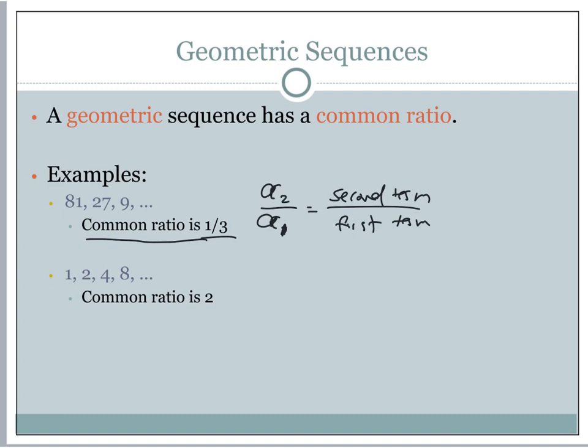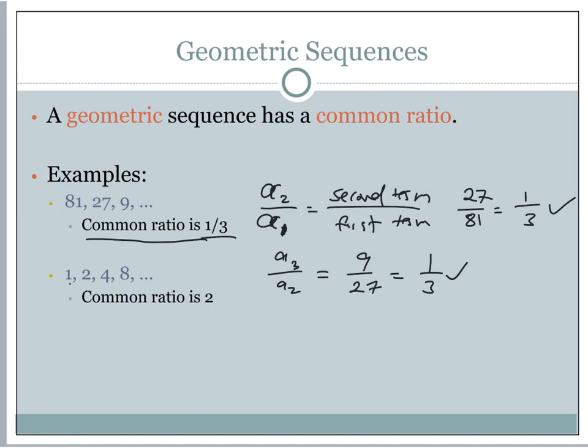So in this case, it would be 27 over 81. And if we simplify that, we get 1/3. We could also take A3 over A2, so the third term over the second term, in this case 9 over 27. If we simplify that, we get 1/3 again. It's an easy way to check that you actually have a common ratio.